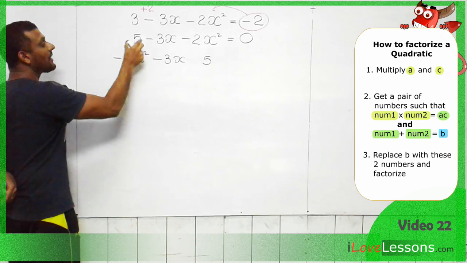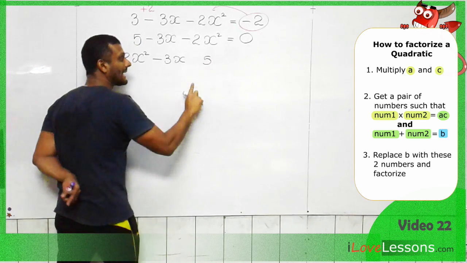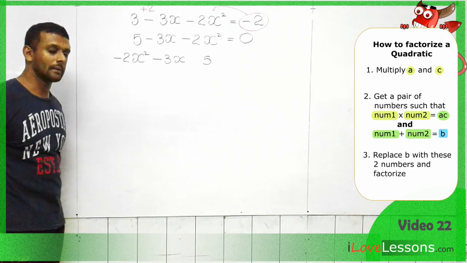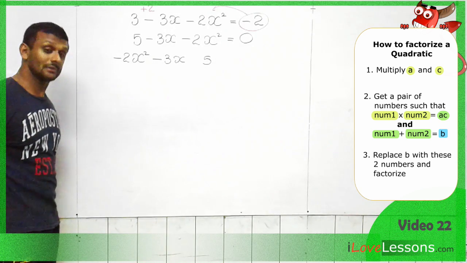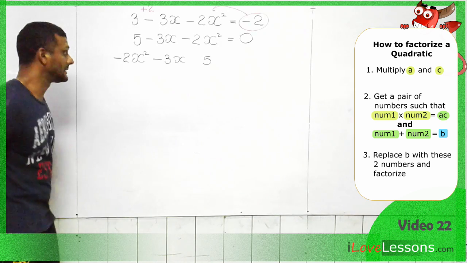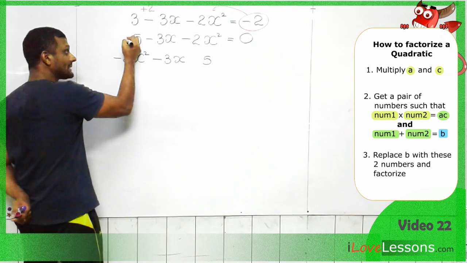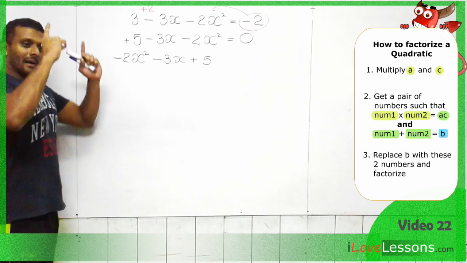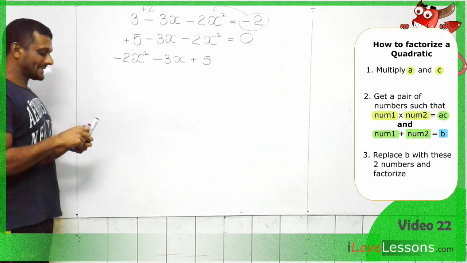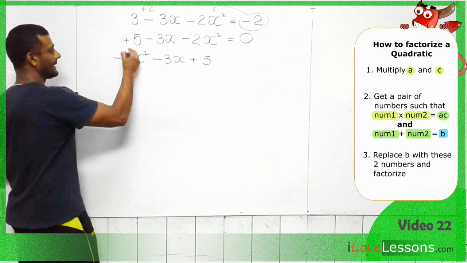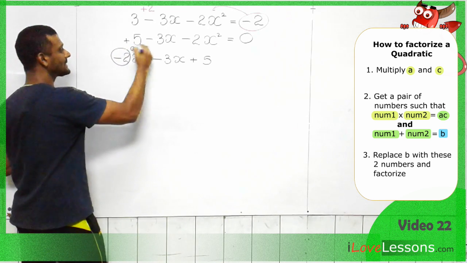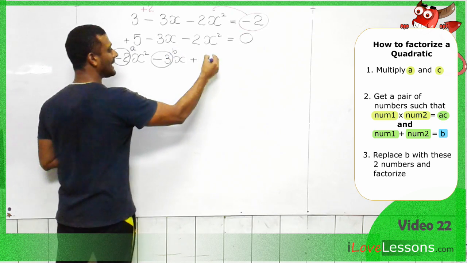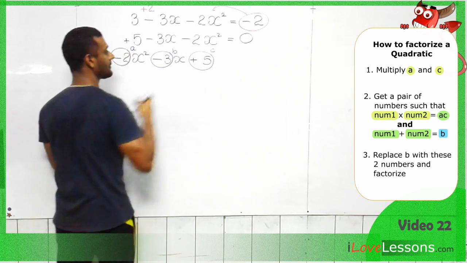Now remember, if I had just put the 5 here and I did not put a sign here, it will be interpreted as what? Multiply. We do not want it to be interpreted as a multiply. So this 5 was positive, so make sure to put the positive. Let's identify A, B, and C now. Let's circle it. A is minus 2, B is minus 3, and C is 5.